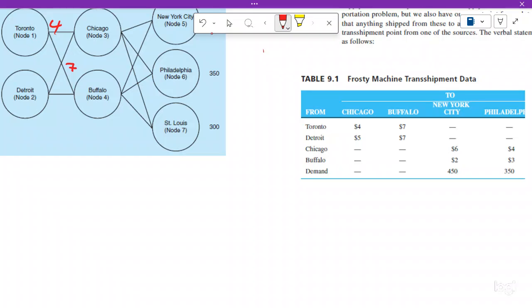Okay, New York City. Or from Chicago now to New York, it's 6. From Chicago to the next one, it's 4.